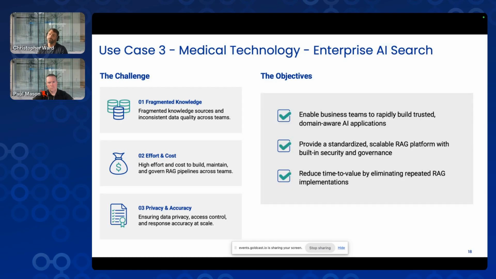So key objectives for the solution that we built here, which I'm about to show you, is to really enable the teams to rapidly build trusted domain-aware applications. So the architecture that we built looks to align with that principle, doing it in a way that's standardized and scalable.